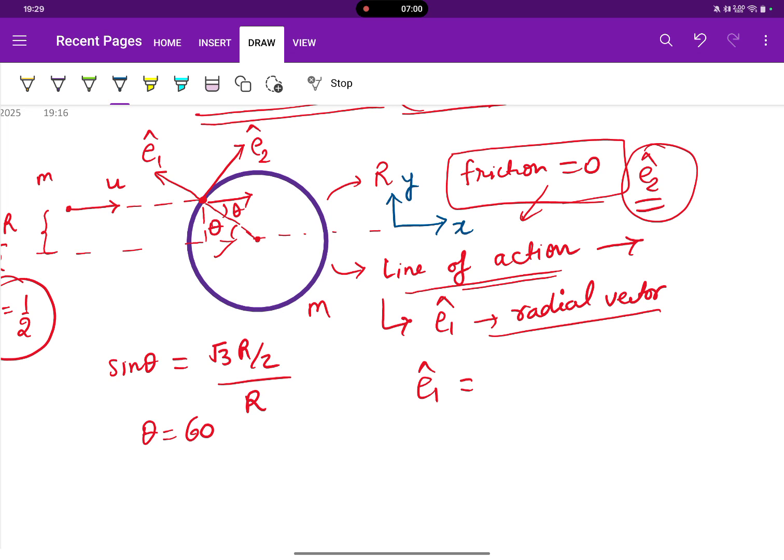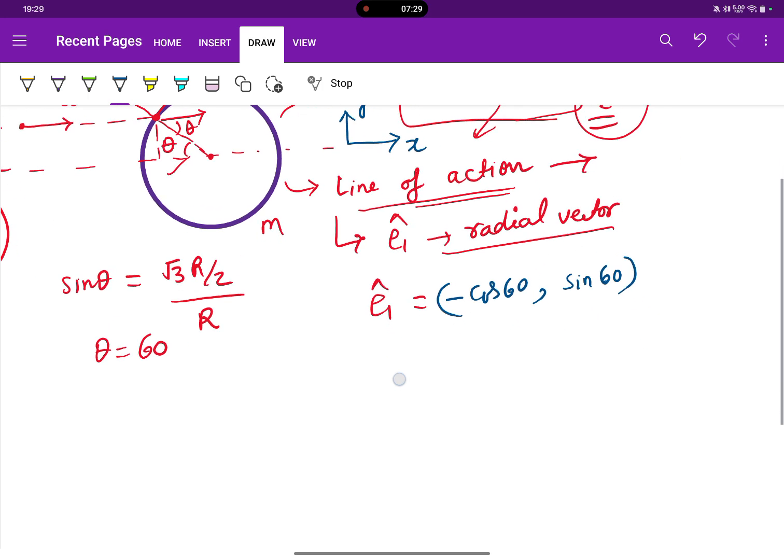If I want to go from E1 cap to x and y, what will I do? Think of it like this: E1 cos theta. If you take the horizontal component of this vector, it is going in the minus x direction. So it is minus cos 60, comma, and the vertical component is in the y direction, that is sin 60, right?